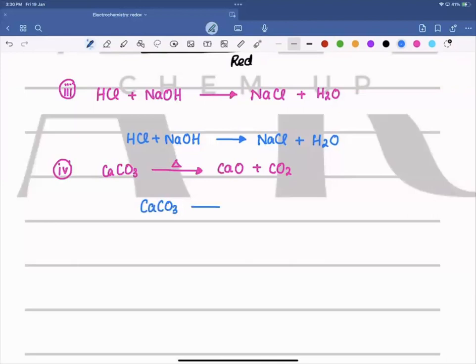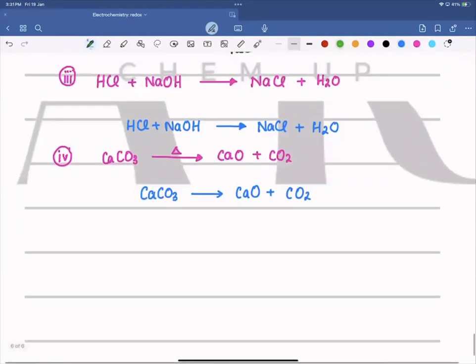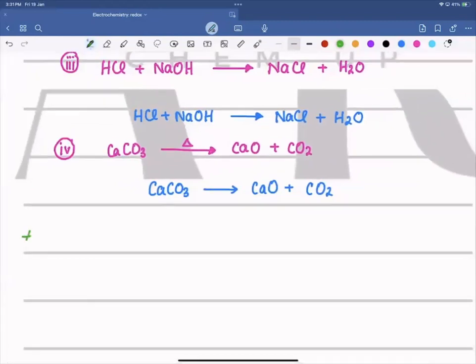Then after this, you have to work on this equation as well, and identify which element undergoes reduction and which element undergoes oxidation. Yes, Ahmed, are you done with the first equation?